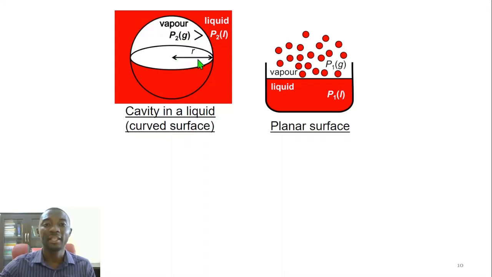And this cavity has a radius of r. This is the pressure of the liquid. This is the vapor pressure of the vapor above the liquid. Of course, the vapor pressure is equal to the pressure of the liquid.